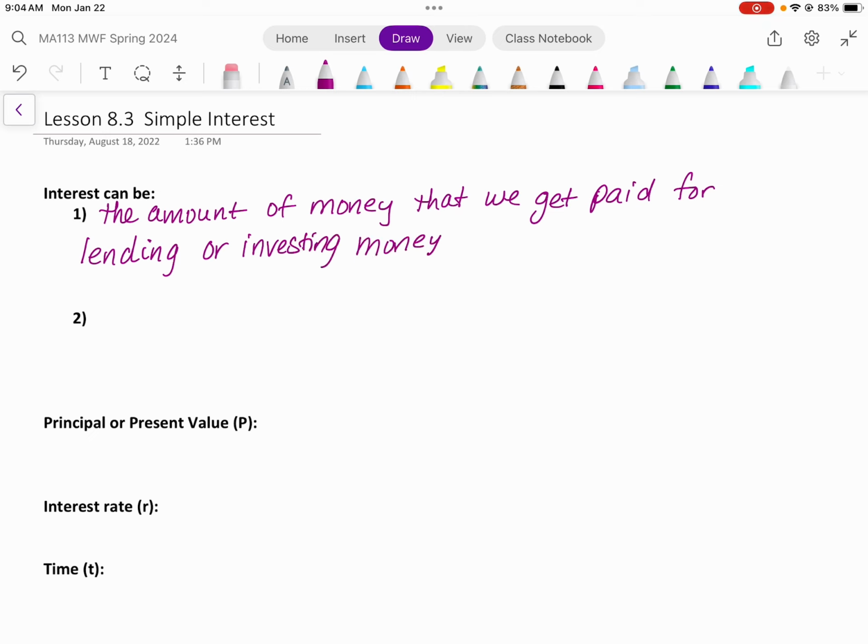Interest can also be money we pay for borrowing money.